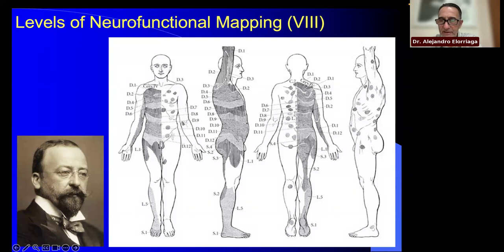And it is fabulous work, because we learned, for instance, that L5 issues affected the lateral side of the leg and the outer side of the foot, which we know perfectly nowadays is an L5 distribution for a discopathy, for instance, and S2 would be the posterior thigh along the hamstring territory, and so on and so forth.